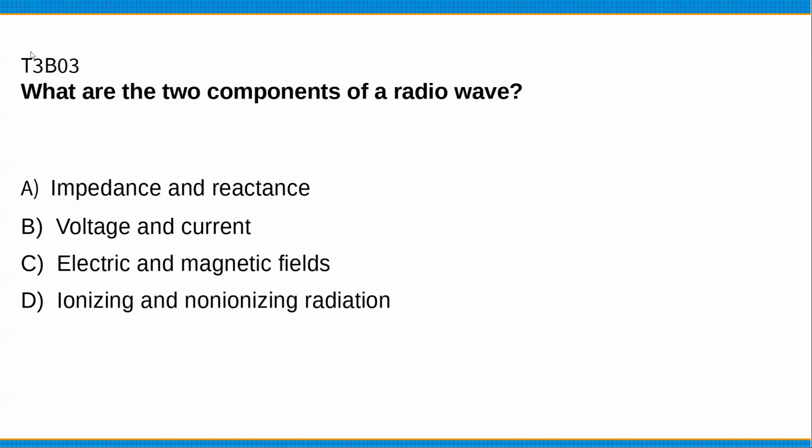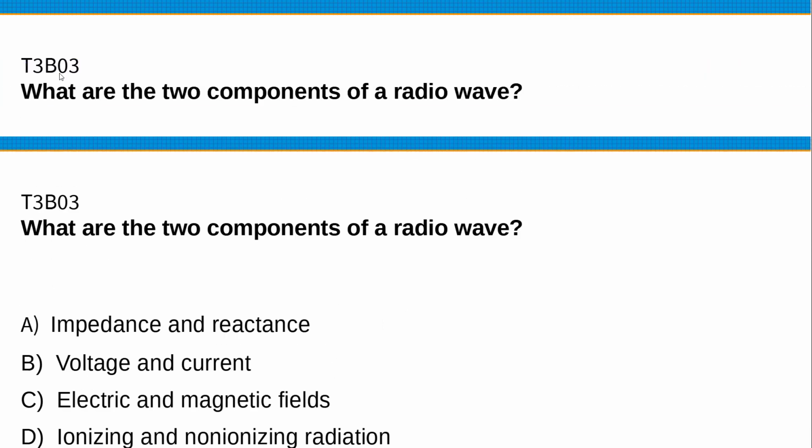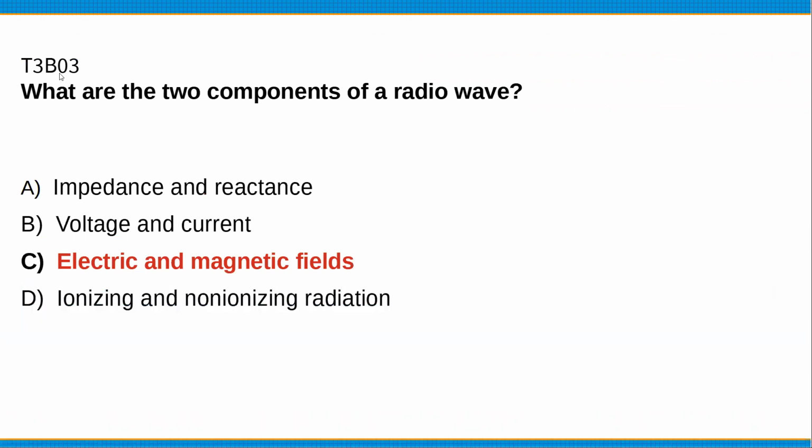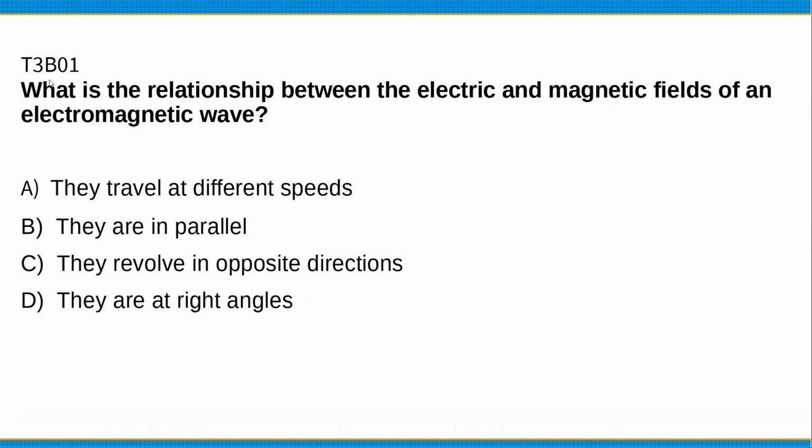Okay, so what are the two components of a radio wave? What's the relationship between the electric and magnetic fields of an electromagnetic wave? Right angles to each other.